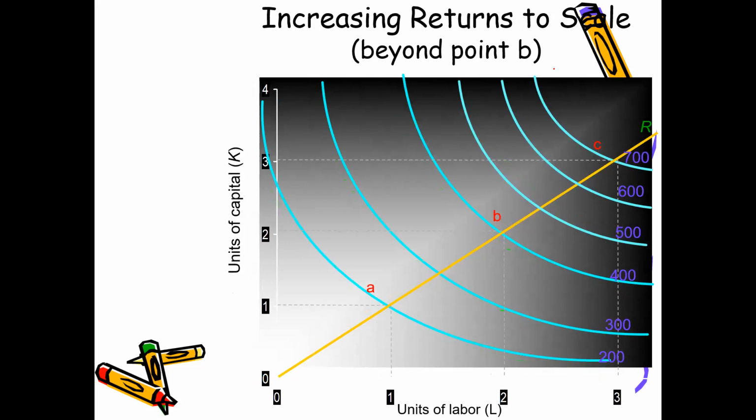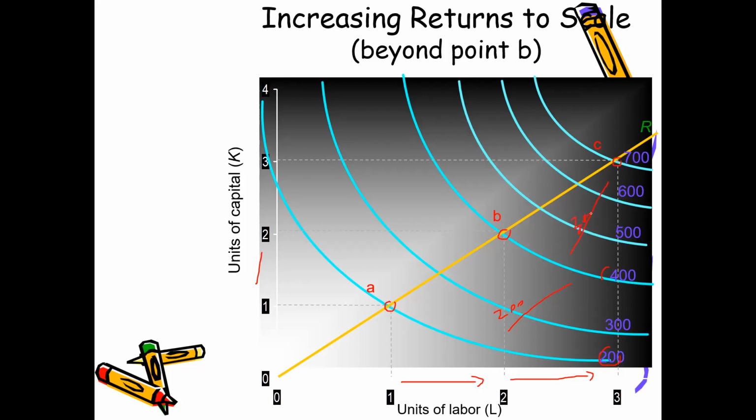In this case, like the previous case, the input increases from A to B, doubling. Now look at the output increase from A to B, 200 to 400, which means by 200. Again, the input increases at the same rate, for example B to C. Look at the output increase, 400 to 700, which means 300.